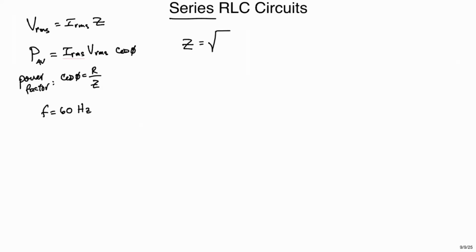It's going to be the big square root of the resistance squared plus the quantity X sub L minus X sub C, and then that difference becomes squared. I will explain this in a moment.